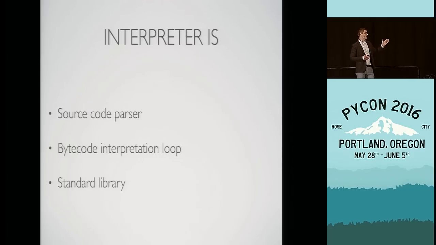The second part is that once you have parsed the source code, you have a little piece of kind of source code, but now it's called bytecode. So when you're running even normal Python code, you would have those PyC files. The PyC files contain bytecode.